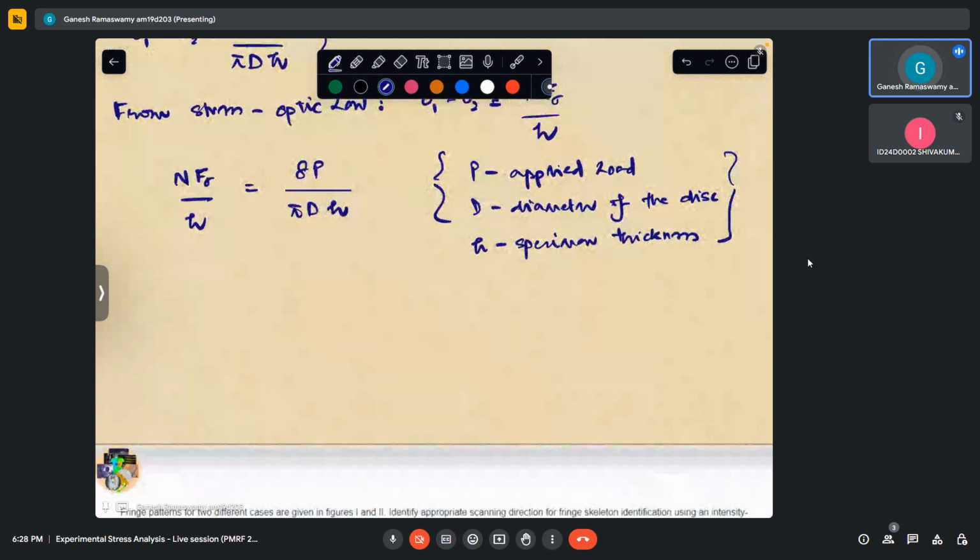So if I solve here, h cancels out. So this gives me F sigma is nothing but 8P by pi D n.